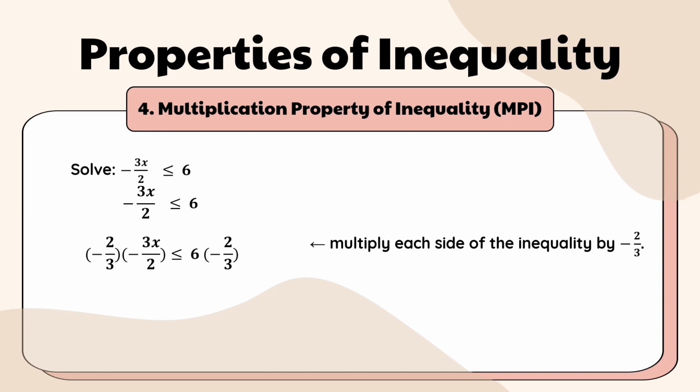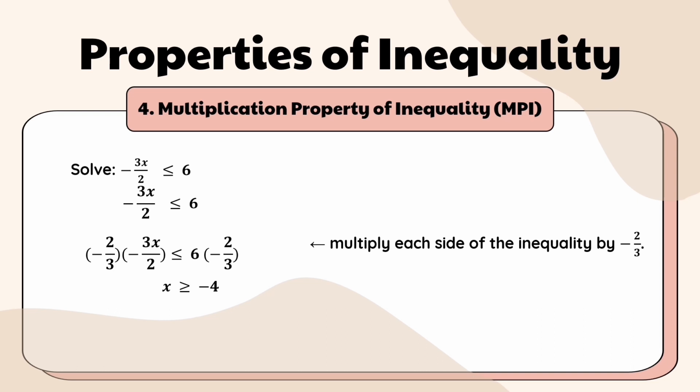So all we need to do here is to multiply each side of the inequality by negative 2 over 3, the reciprocal of negative 3 over 2. So, negative 2 over 3 times negative 3x all over 2 is less than or equal to 6 times negative 2 over 3. So, simplify.